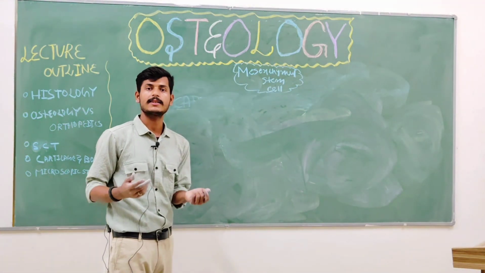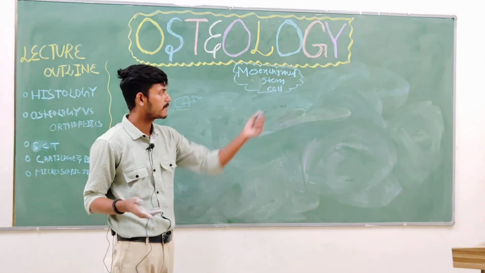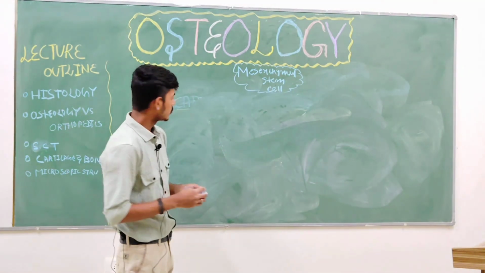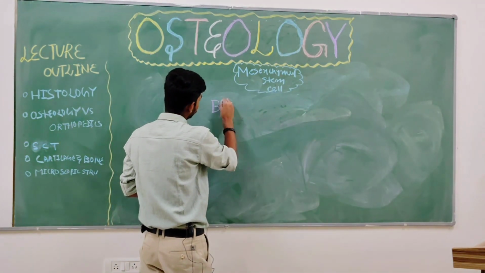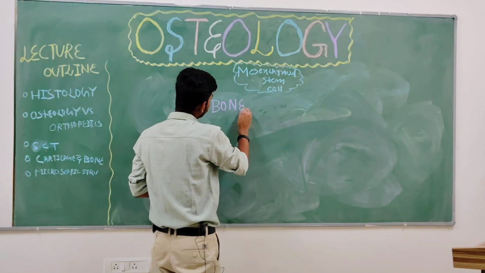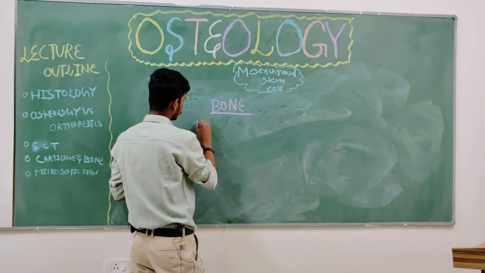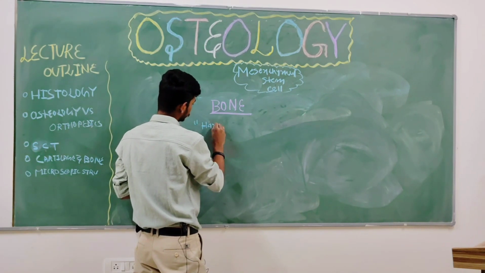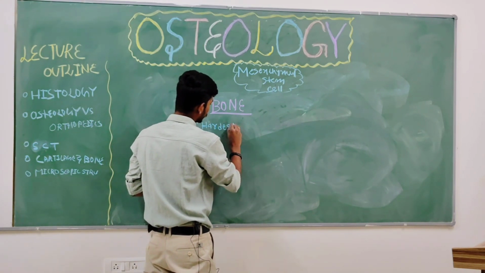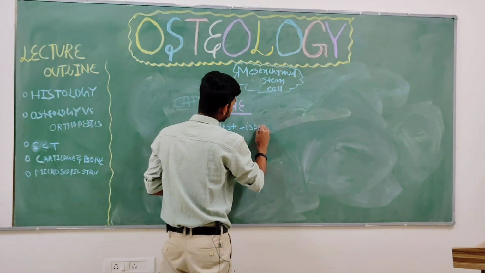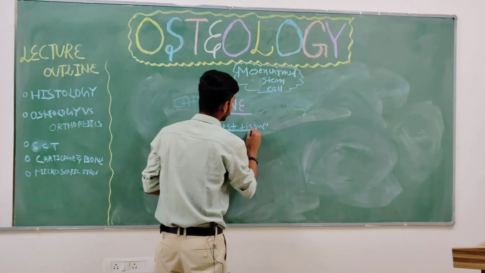Basically the bone and cartilage are what? They are the skeletal tissue, a specialized kind of connective tissue. So the bone is the hardest tissue, okay.